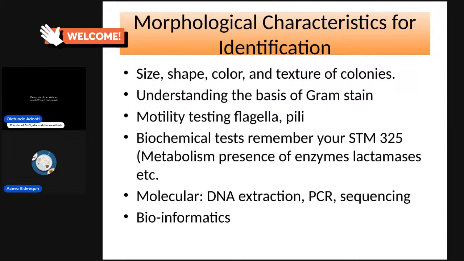Then the one that is above us here is molecular identification, which has to do with extracting their DNA first, then making use of a polymerase chain reaction, that is, we amplify that small fragment of the DNA for a specific gene.